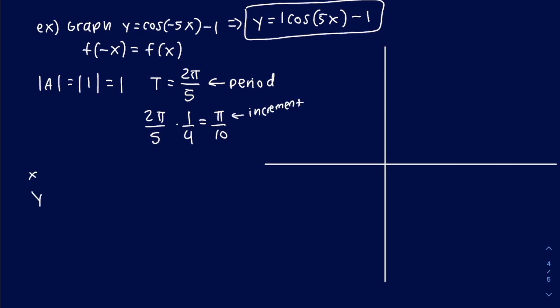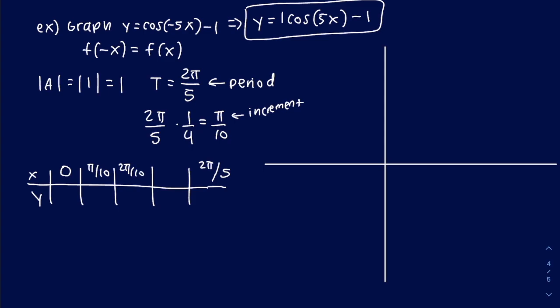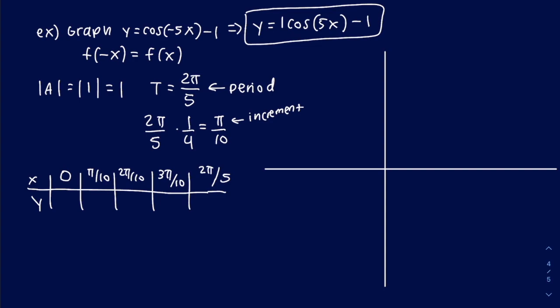Let's make our xy table. And we're going to use 5 values once again. So we start from 0 and then we end at our period, which is 2 pi over 5. In between is our increment, so pi over 10, 2 pi over 10, 3 pi over 10. And then we end at 2 pi over 5, which is our period. We have our x values. Now we're going to be using our acronym to determine our y value.